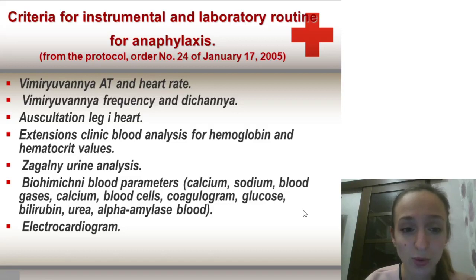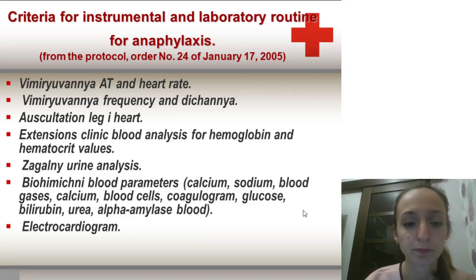We should know about heart rate, then respiratory frequency, then auscultation of lungs and heart, then clinical blood analysis for hemoglobin and hematocrit values.